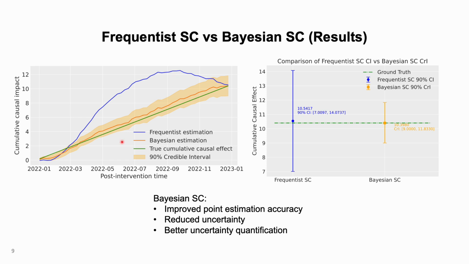So we can clearly see that the result from the Bayesian approach matches the ground truth better, with a clear linear trend.